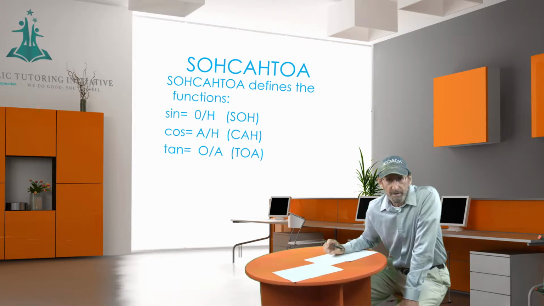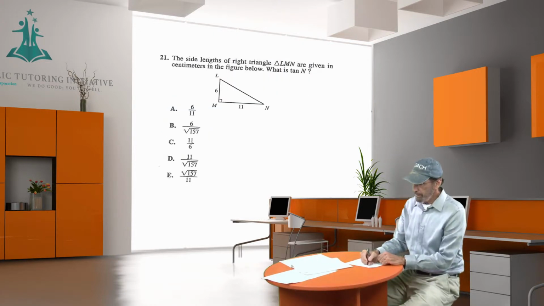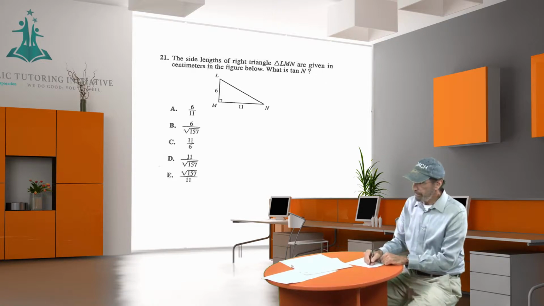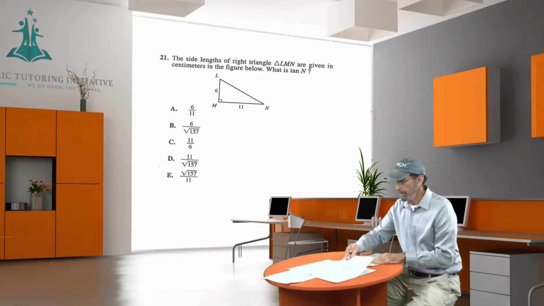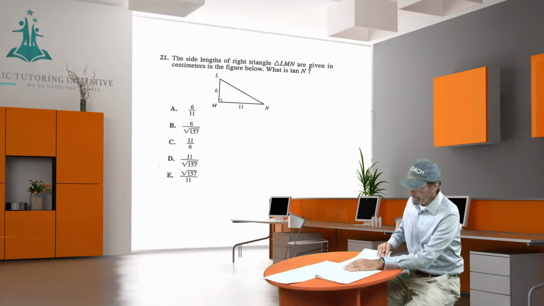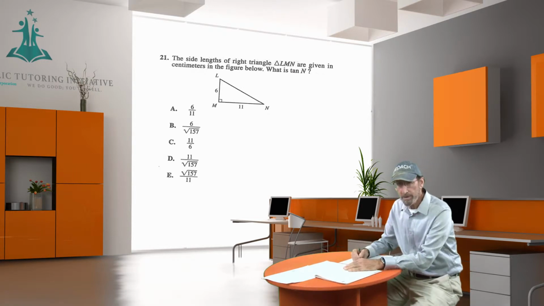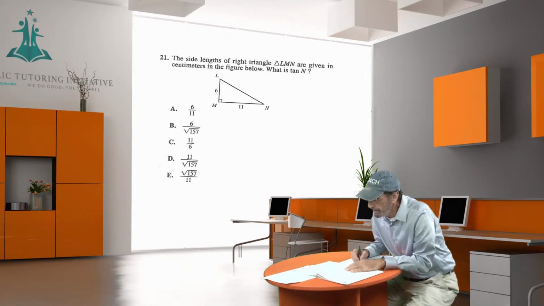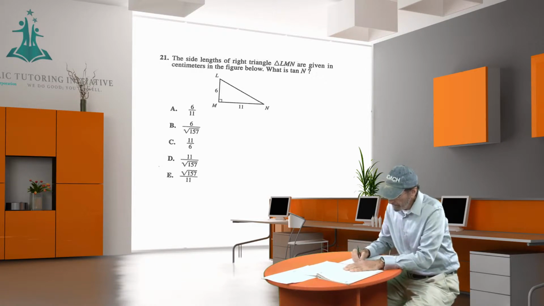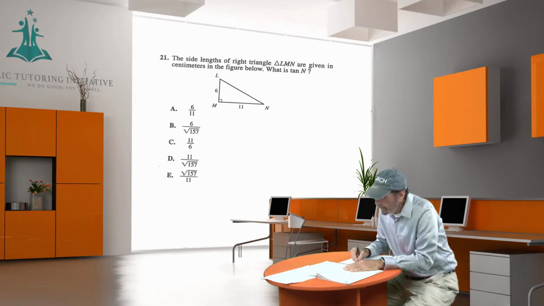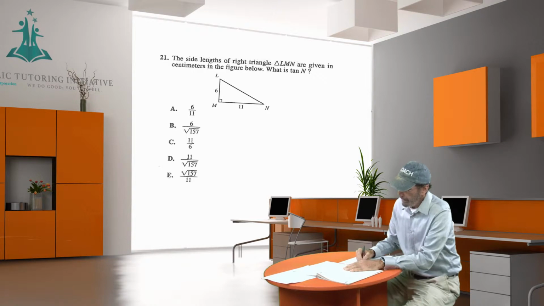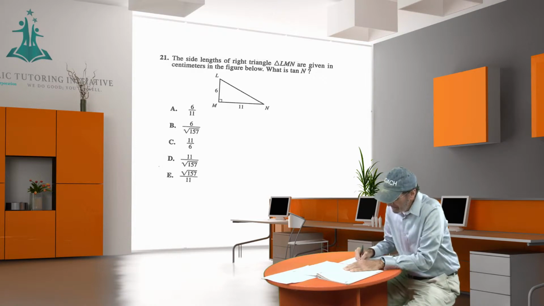So, here are a couple of examples from a recent test. Here are a couple of questions from a recent test that involve trigonometry. The first one is question number 21, so it's starting to get into the moderately difficult range. We have a right triangle and an angle theta, and here are the sides.